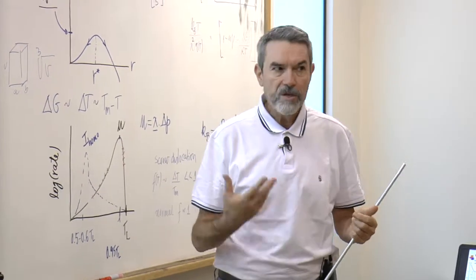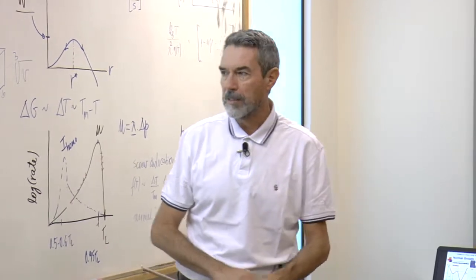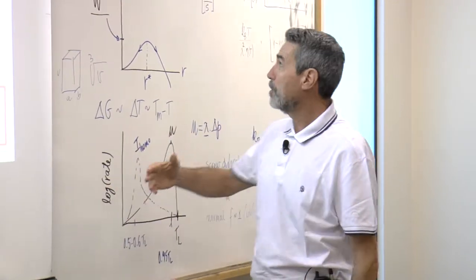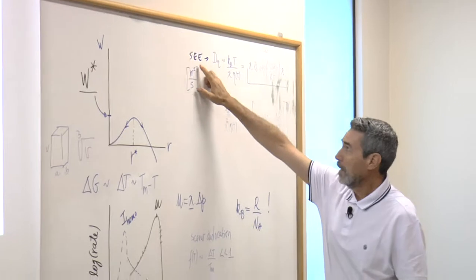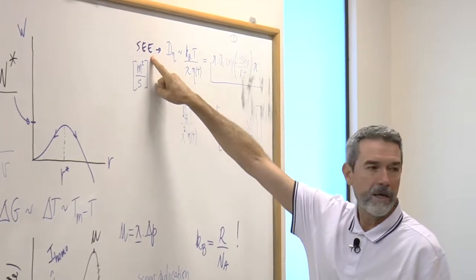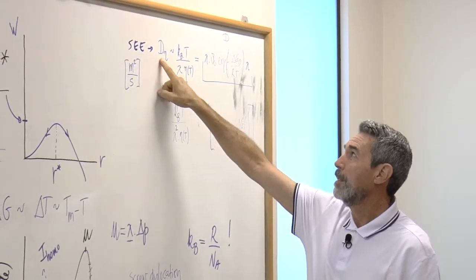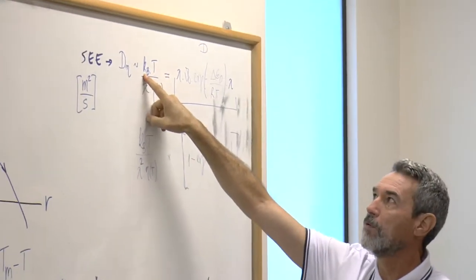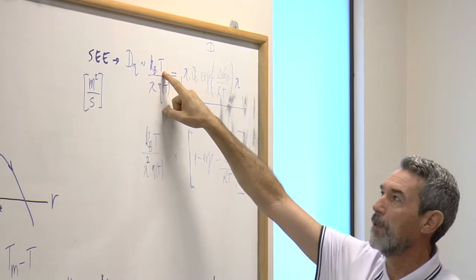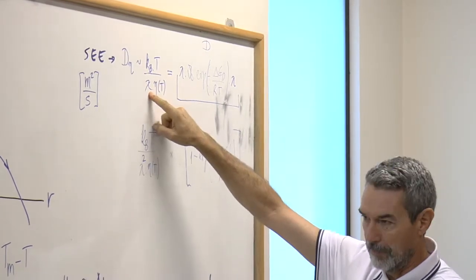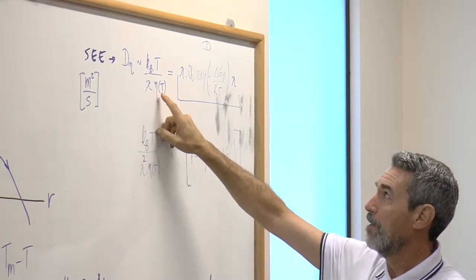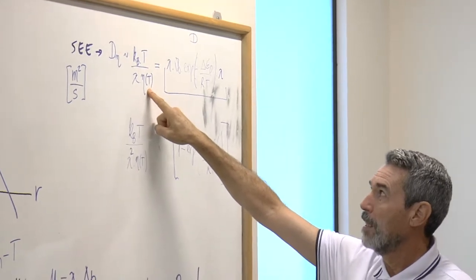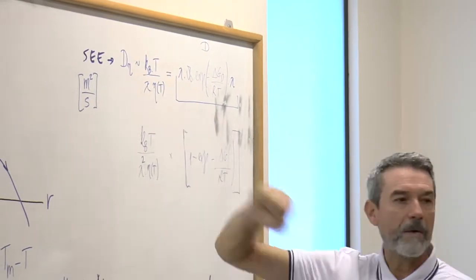For the interpretation of their crystal growth experiments, we make an extra assumption that the Stokes-Einstein-Eyring equation, which is D equals the Boltzmann constant times the absolute temperature divided by lambda times the viscosity, can be used to describe growth rate.